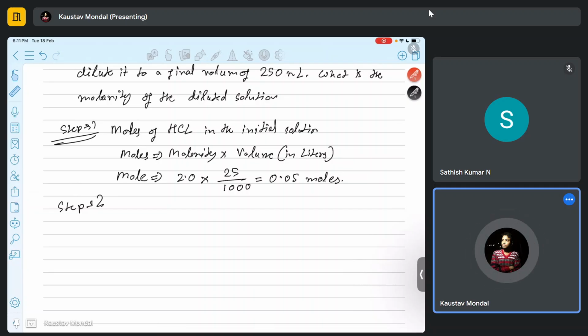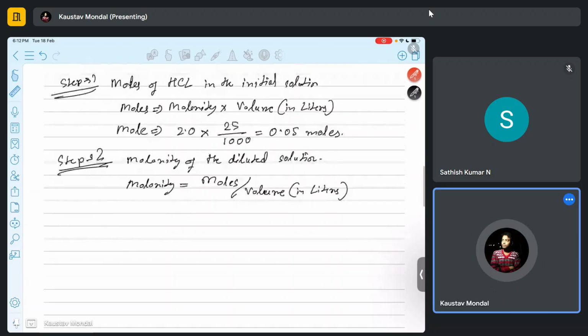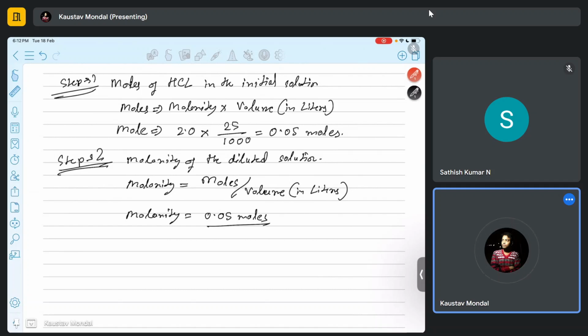So in step 2, molarity of the diluted solution will be moles per volume, and volume you have to write in liters. Now molarity will be simply 0.05 moles by 250 by 1000.